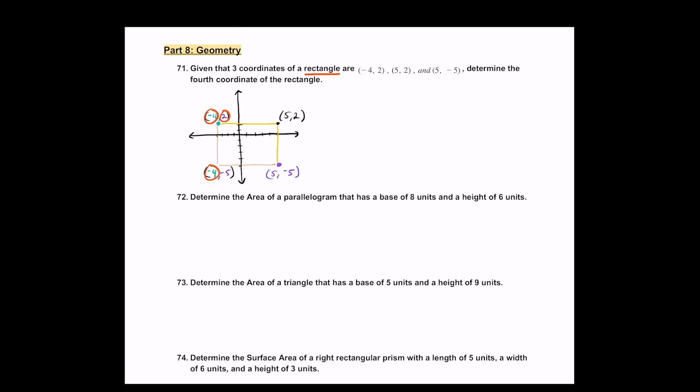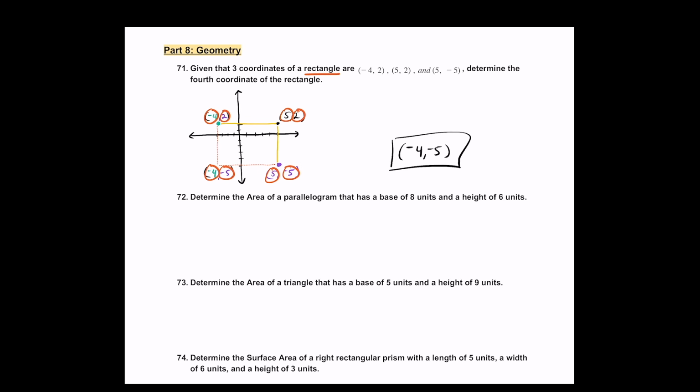Every pair that are next to each other, these have to match. On top of each other, the x's have to match, and next to each other, the y's have to match. So that has to be true each time. As you go around the rectangle, they have different x's or y's that match each time. So the last coordinate here is going to be -4, -5.